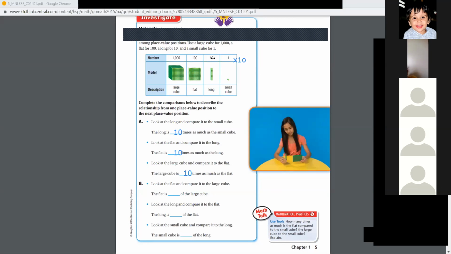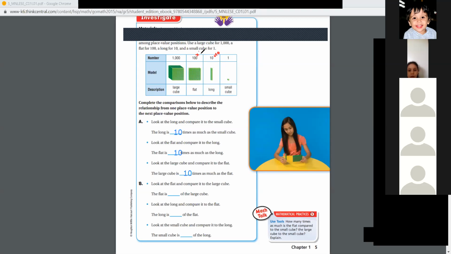If I multiply 10 times 10, it gives me 100. An easier way: if we want to make the number bigger every time, we just add a 0.